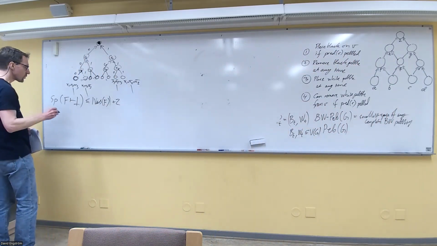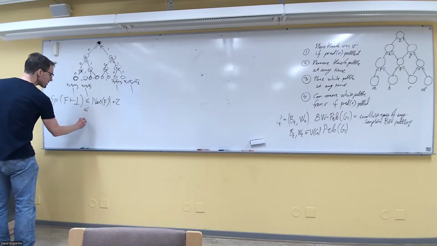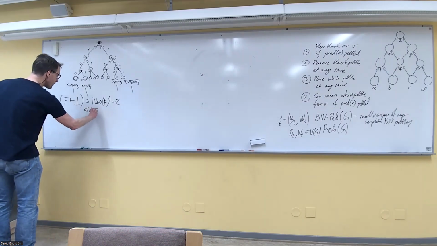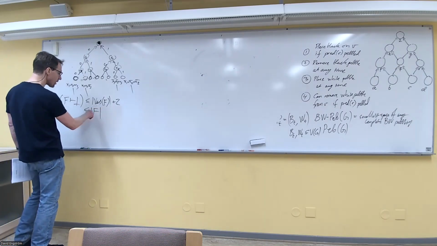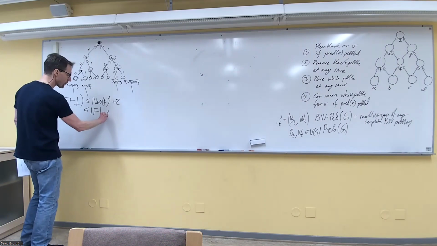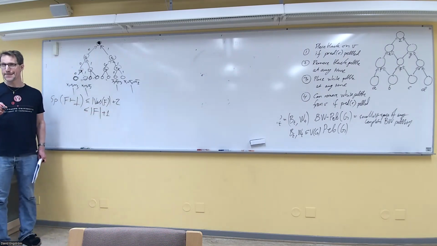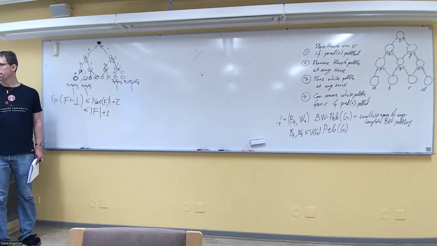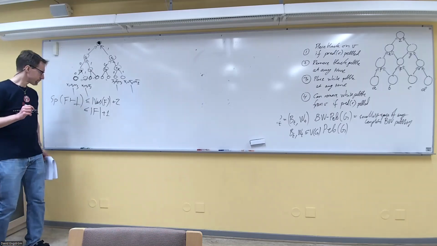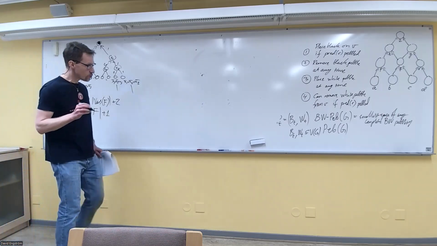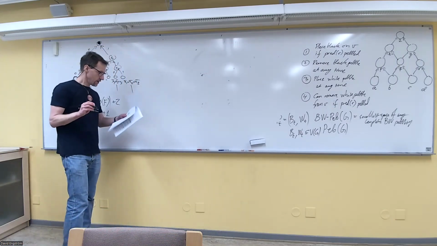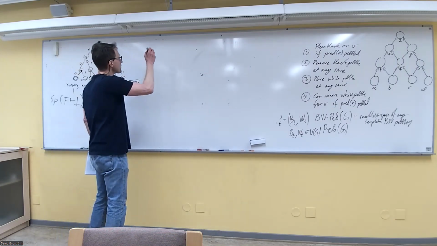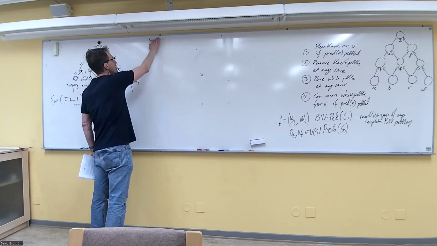Now I actually claim that we can say something slightly more interesting, that it immediately follows from this that the space of refuting any formula is at most the number of clauses in it plus 1. Okay, why? Let me prove a basic fact that you might or might not have seen, because we're going to use this later also.